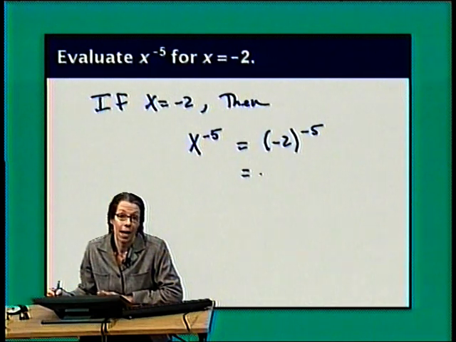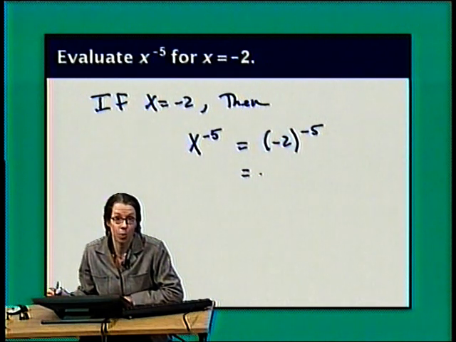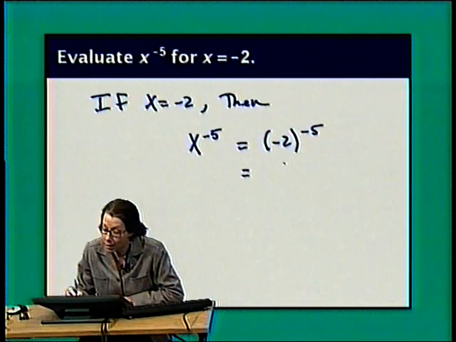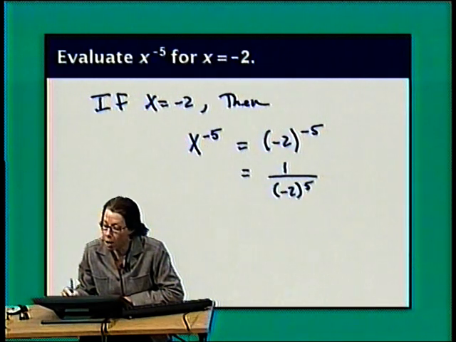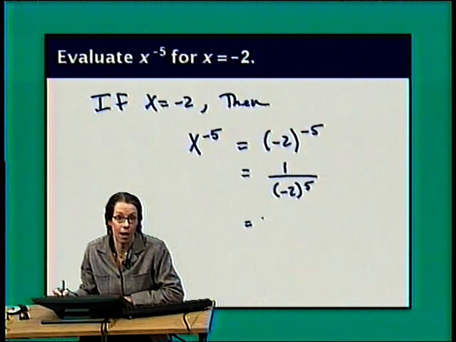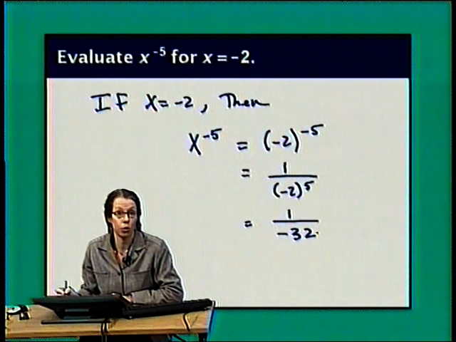Also, when I have a negative exponent, I have to change the problem so that I have a positive exponent so I can actually evaluate this expression. So -2 raised to the -5 power, that's the same thing as 1 over -2 to the +5. Now I can evaluate what is 5 factors of -2. Well, that's -32.